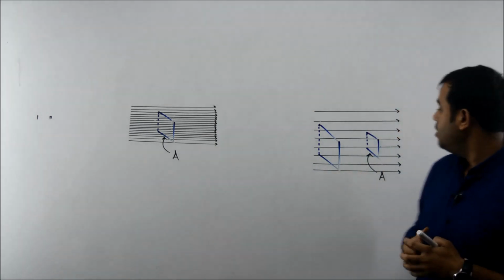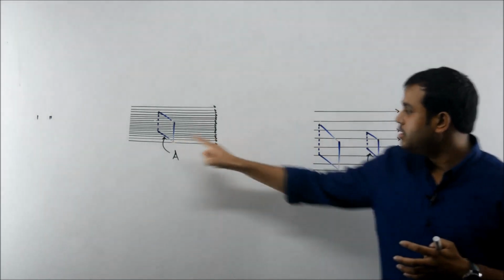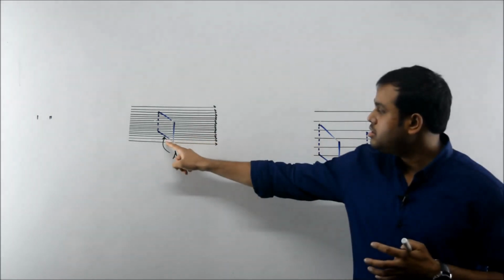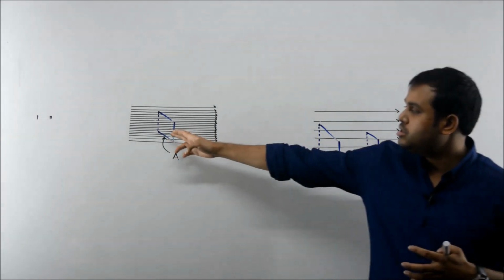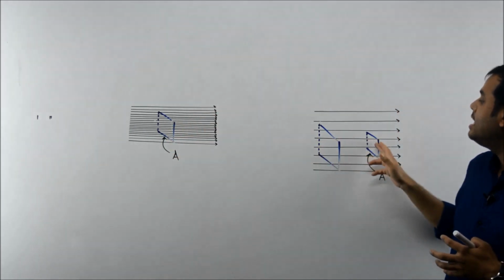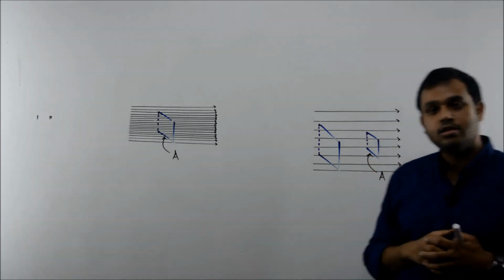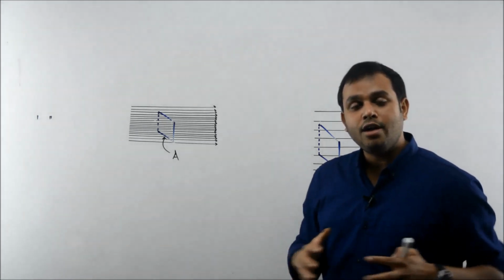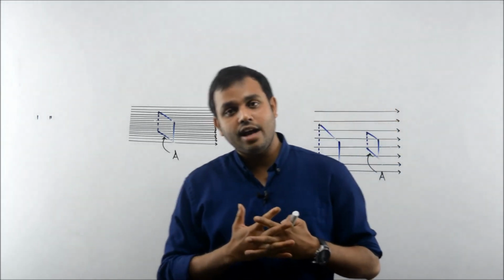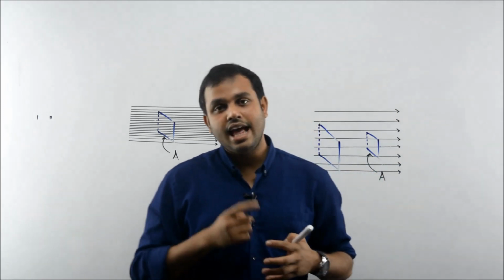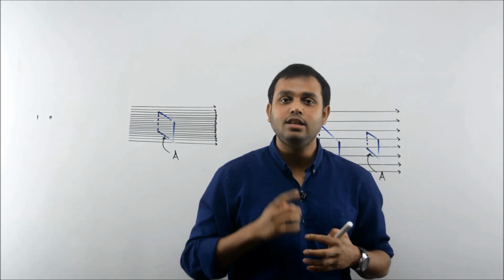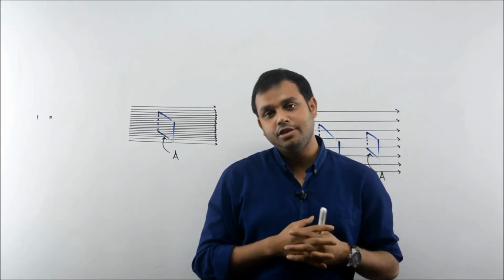So here both surfaces are of the same area, but electric flux through this surface is greater than electric flux through this surface. So students, so far we have seen that electric flux through a surface depends on the area of that surface and also depends on the strength of electric field in that region.